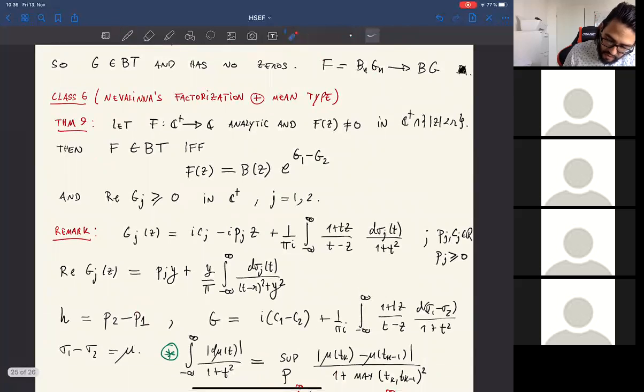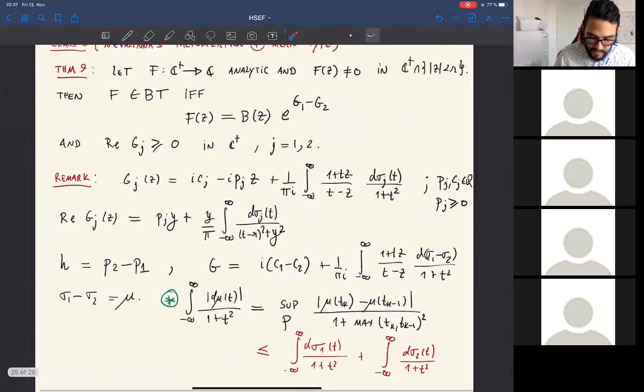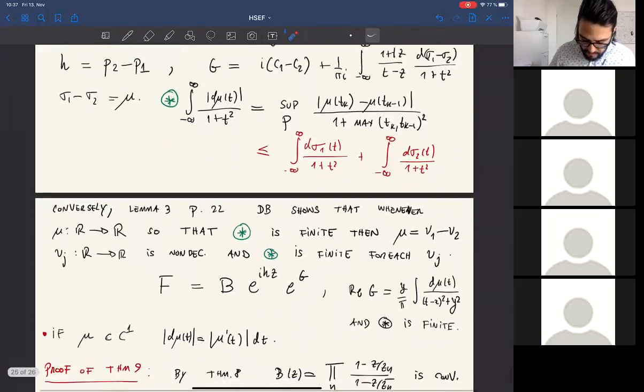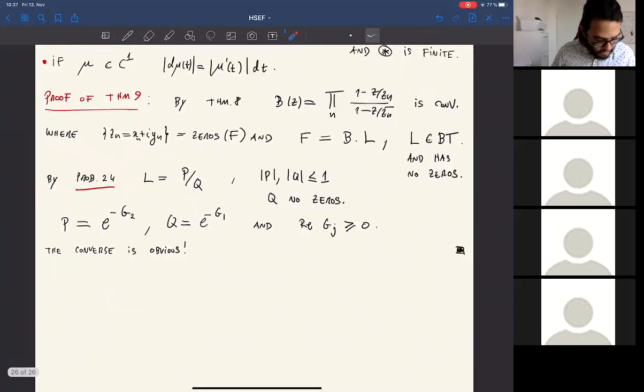Because if it has this form, this is bounded by 1, and this is definitely the quotient of two things that are bounded by 1. So it is of bounded type. So it's a very simple result stemming from theorem 8. And if you want the de Branges form, then we just need this remark, this additional comment about these measures. Any questions here?